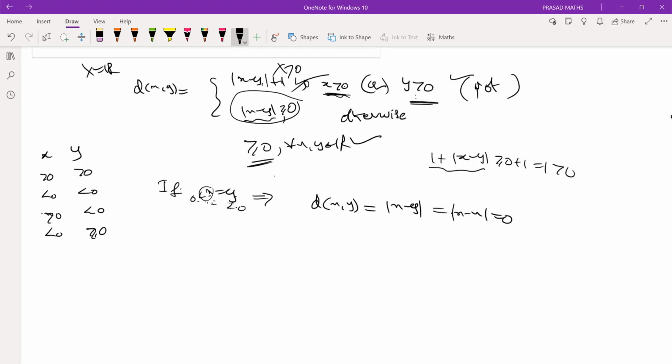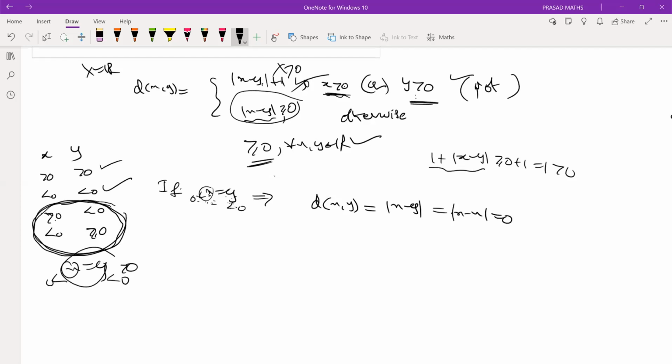Sir, here 4 possibilities are there: two positive, two negative, and alternately positive and negative. That's my point, madam. Yes. See, whenever x equals y, these are omitted. Why? Because whenever x equals y, the signs are the same. Whenever x is positive, y should be positive, and y should not be negative. So these options are omitted; you need to exclude them.